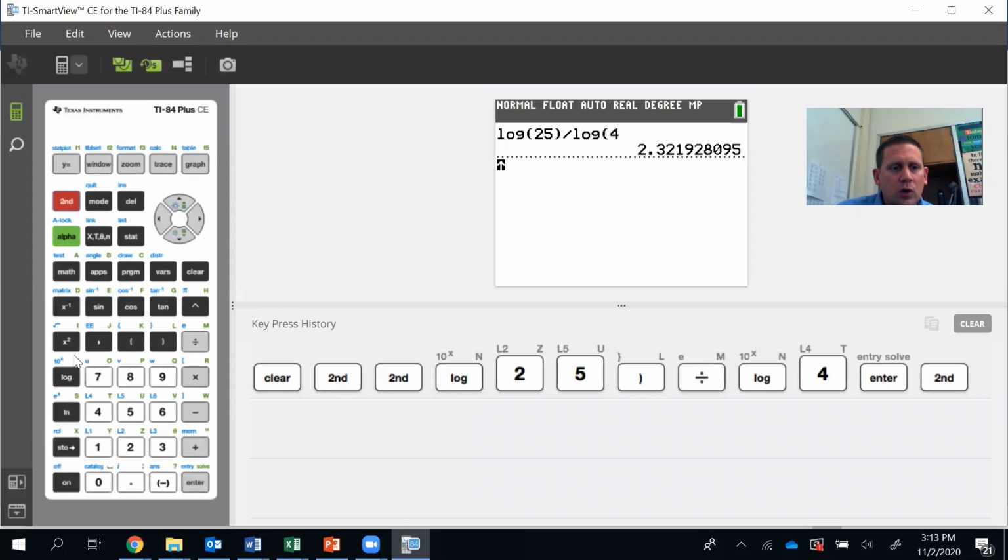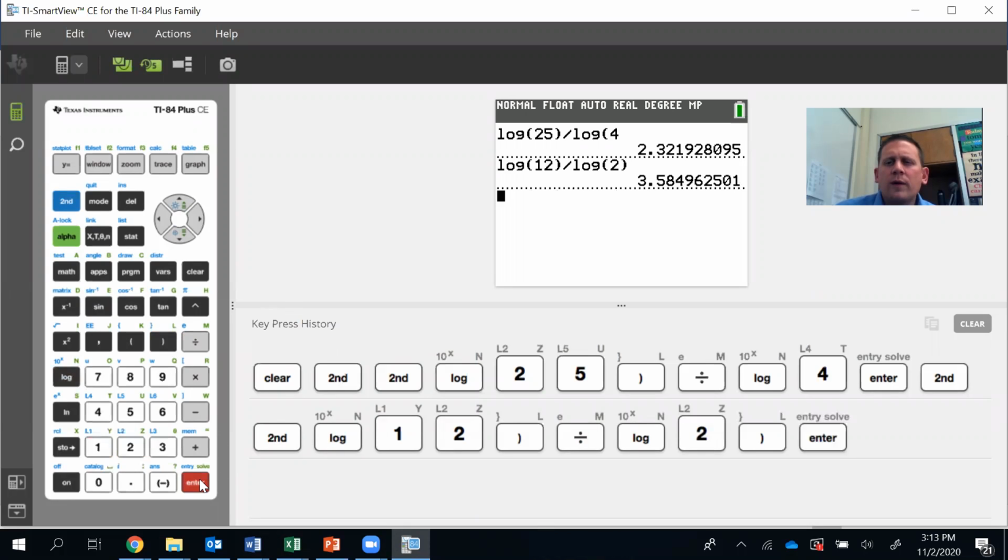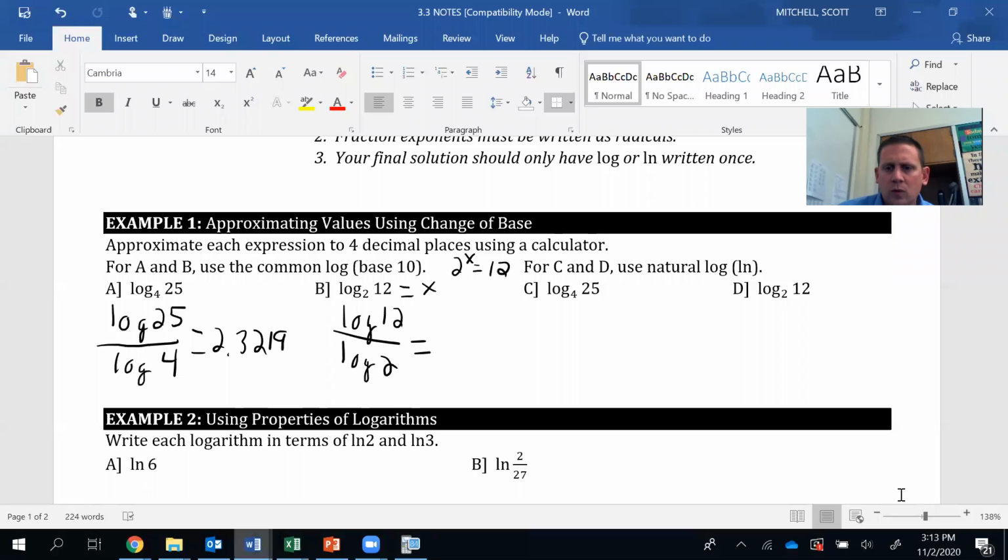Log of 12 divided by the log of 2. 3.5850, if you round it correctly. So it's 3.5850.